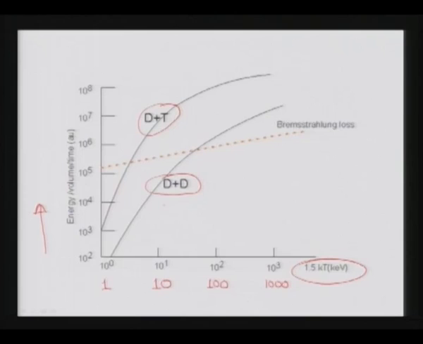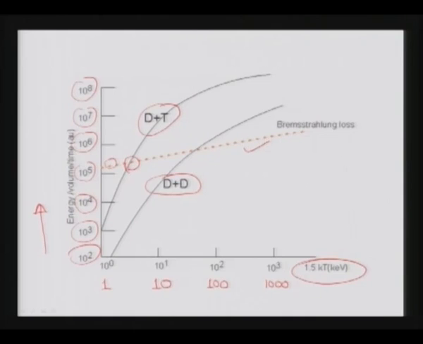And the Bremsstrahlung loss is plotted here in this dotted line, and the y axis is also in log. So, it is energy per unit volume per unit time, again it is 10 to the power 2 here, 10 to the power 3 here, 4. On this log scale, this Bremsstrahlung loss is almost linear. And now you can see that for low temperatures the loss is larger and the production is small, and this is the crossover point.